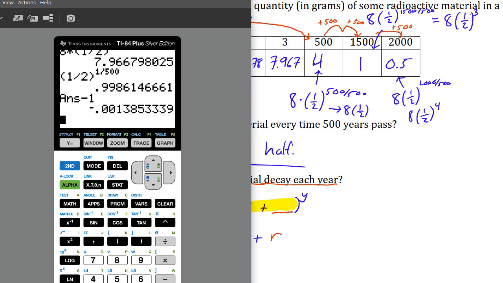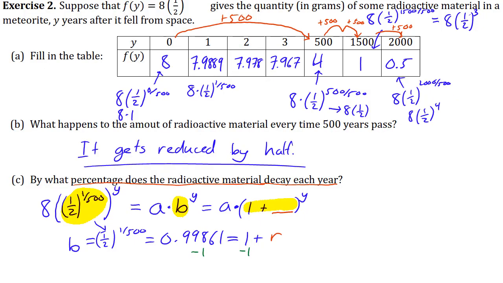Let's call this negative 0.139 if you round it a little bit. And that as a percentage, if you move the decimal place over 2 times, we can say r is negative 0.139%.